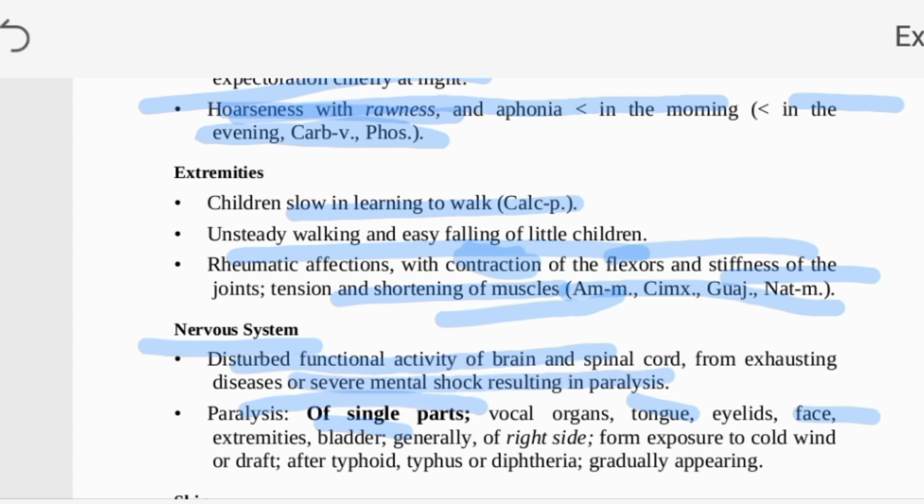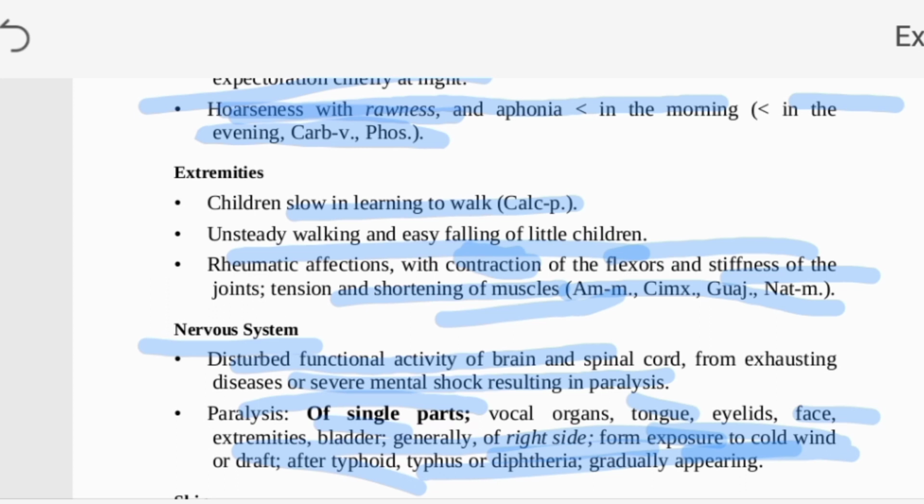Mainly right-sided paralysis from cold wind, mainly Bell's palsy, you know, trigeminal neuralgia or Bell's palsy, where after exposure to cold wind for a long time you can get the right side of the face drooping or palsy, that is called single part palsy. We can give Causticum also.